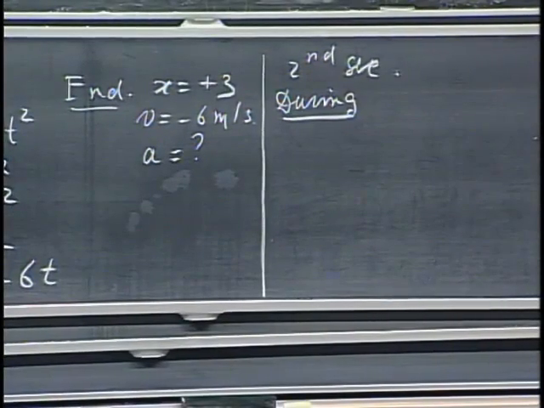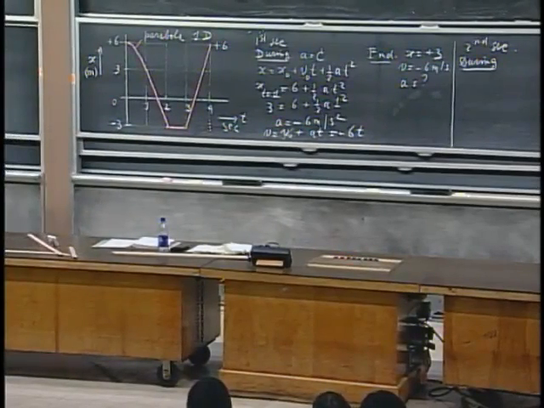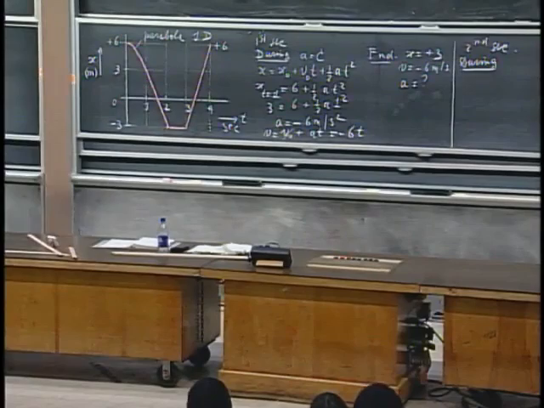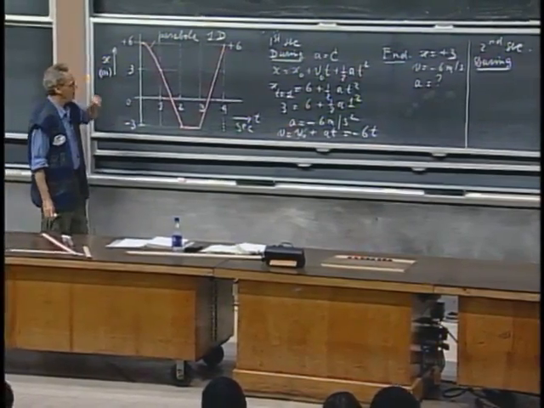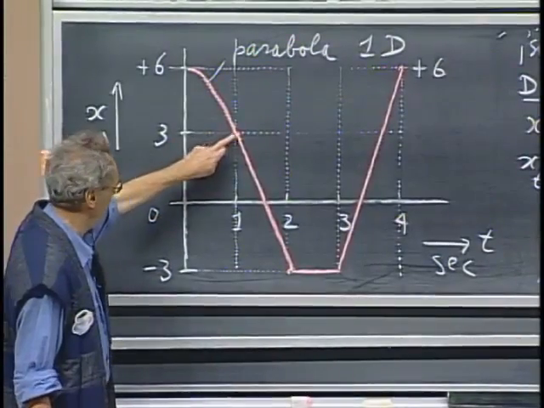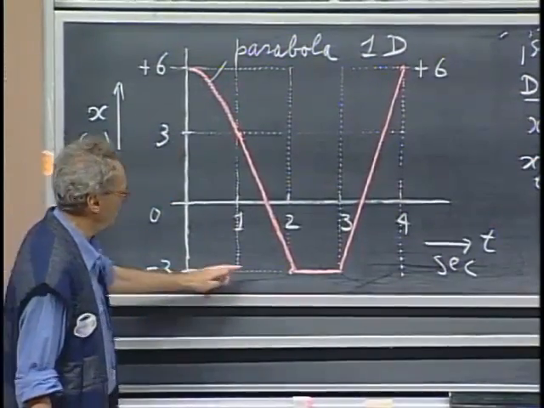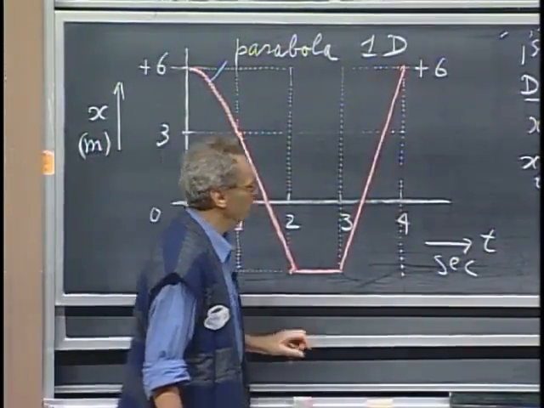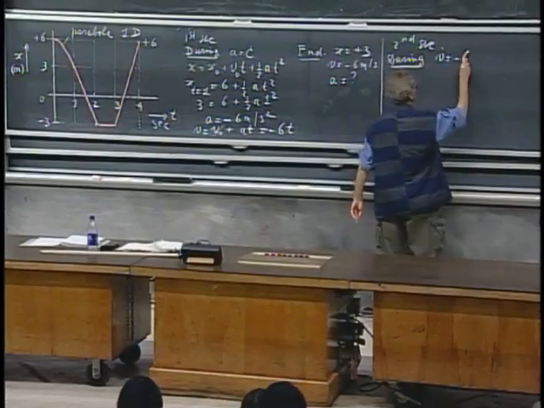During the second second, it is clear, since this is a straight line, that the velocity remains constant, and it remains minus 6 meters per second. That is exactly what it was at this point at the end. You can see it goes 6 meters from plus 3 to minus 3 in 1 second, so the velocity is minus 6 meters per second.